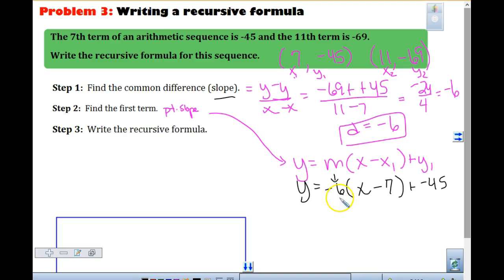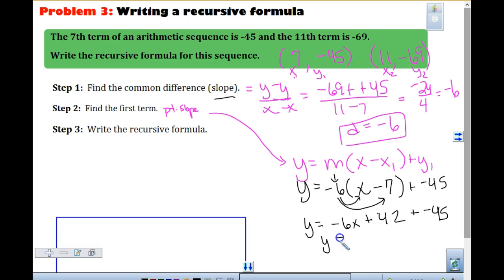So now we're going to look at this, and we have a couple of options. We can distribute this and say y is equal to what? Negative 6x plus how much? Negative 6 times negative 7 is going to give us 42. Okay, good. 42 plus negative 45.